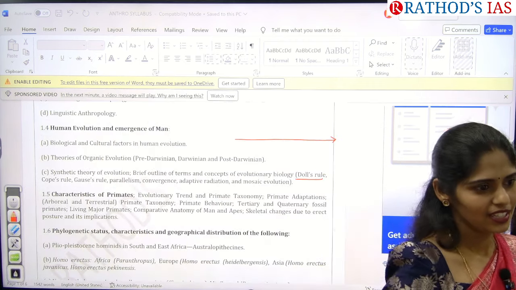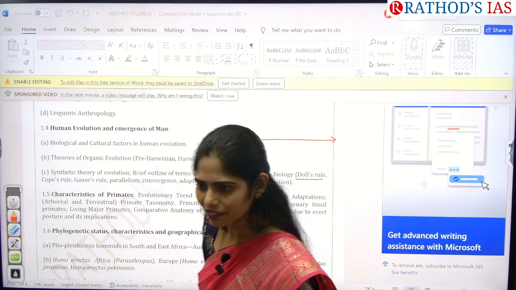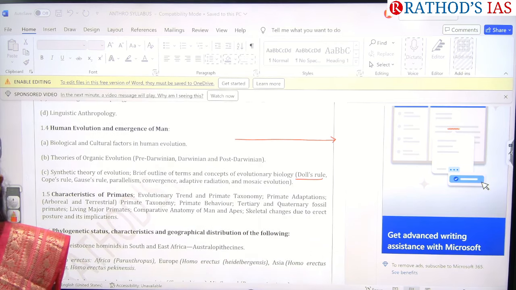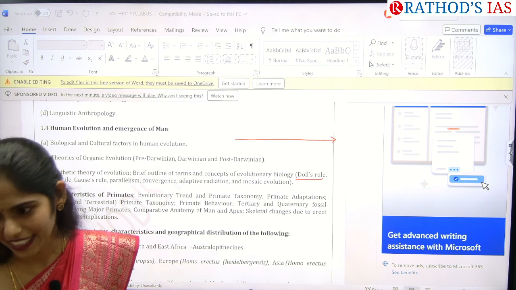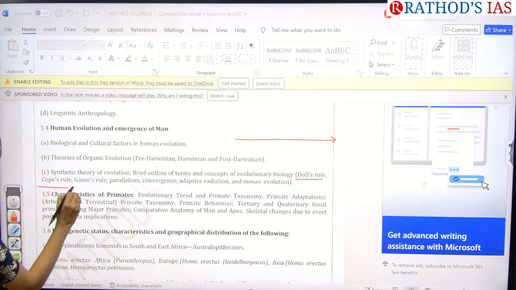Clear? In the process of evolution, if we lose something, we cannot gain it back. Can you tell me something regarding Cope's rule? Any idea at least? No one? No idea?